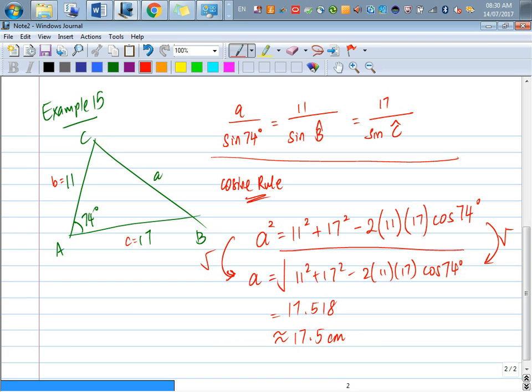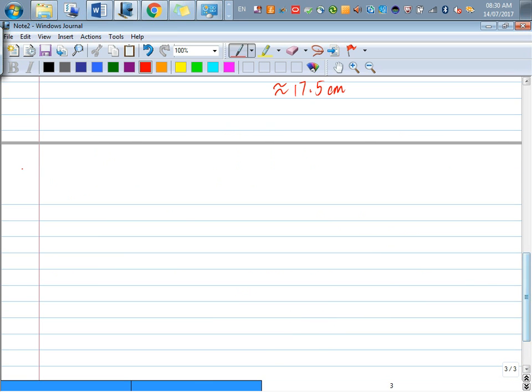Try it 15. I only need you to find the side BC. Find BC.